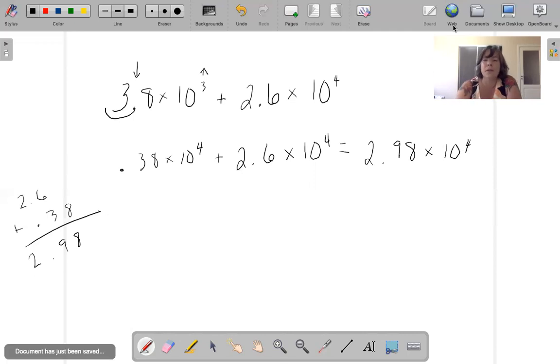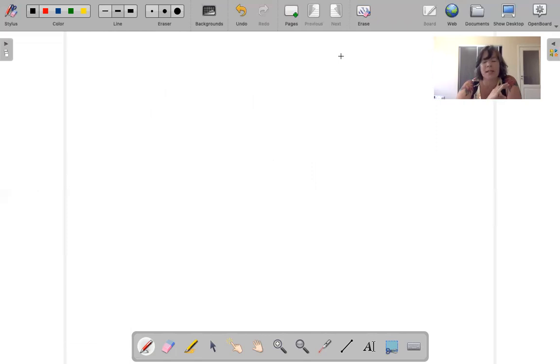All right, so I'm going to do one in subtraction. I'm just going to do one in subtraction to show you it works the exact same way. Let's just say 9 times 10 to the 7th minus 7 times 10 to the 6th.